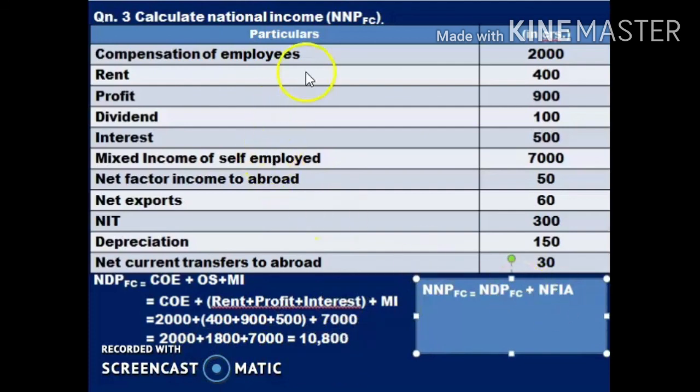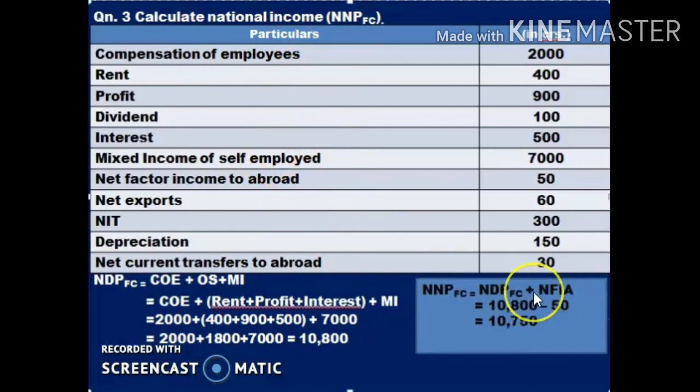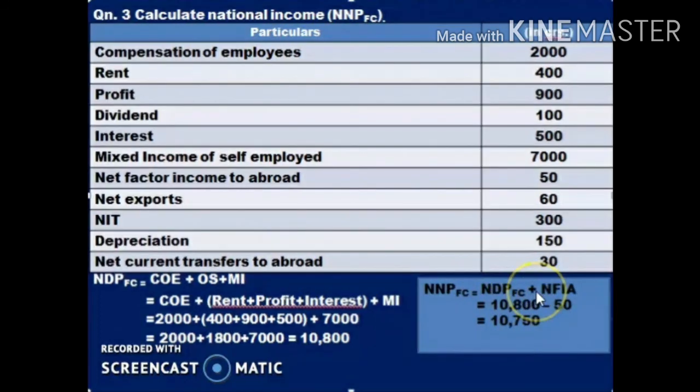Here NNP-FC is to be found, that is national income. NNP-FC is equal to NDP-FC plus NFIA, so it is 10,800 minus 50. Minus 50 is net factor income to abroad. If NFIA is not given, you have to calculate it as minus 50.